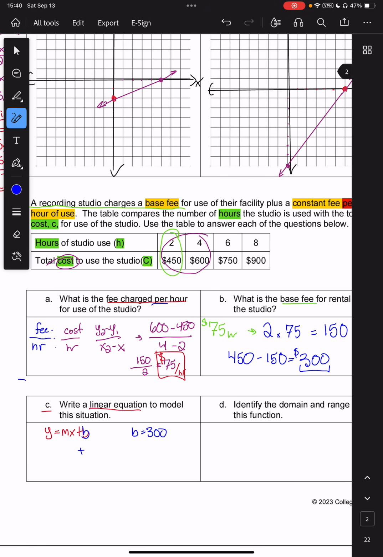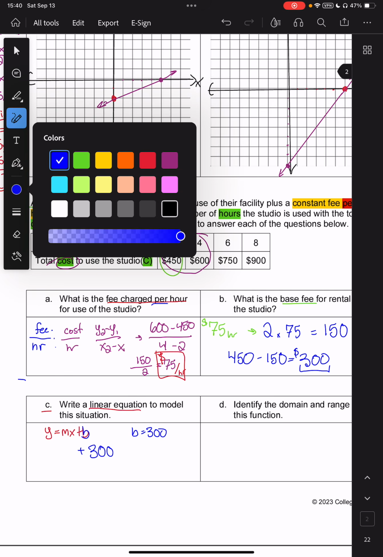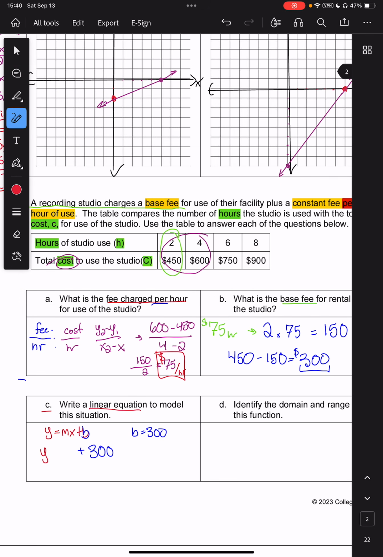So we can write that over here, 300. Our y, so we write y is equal to m. Remember I said over here, this is important, our $75 per hour, that's our slope. That is the thing that will be multiplied by. So that's 75 times x.